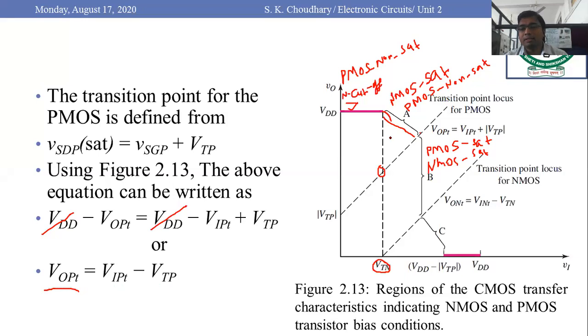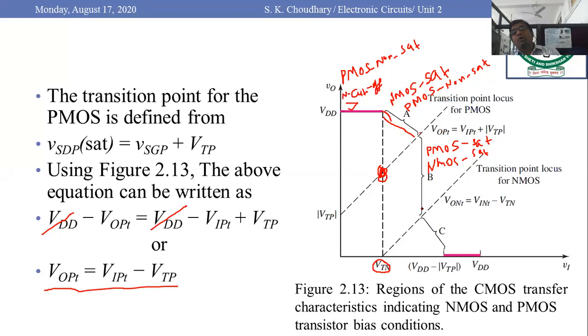This is a very important relationship, and this is the transition point of PMOS. Here the output voltage value is VIPT minus VTP. Now, after this transition point, the device enters the B region, and in the B region, PMOS is biased in saturation and NMOS is also biased in saturation.